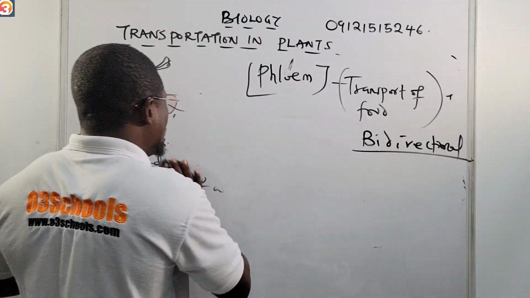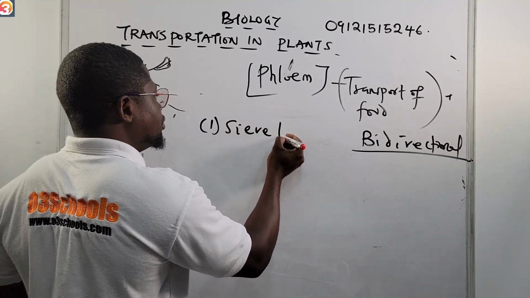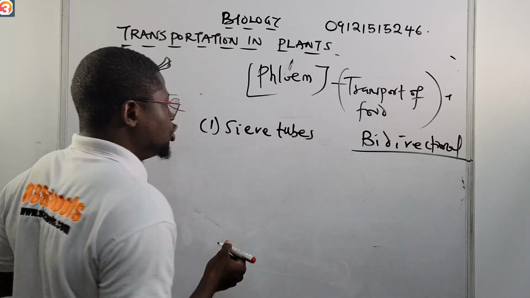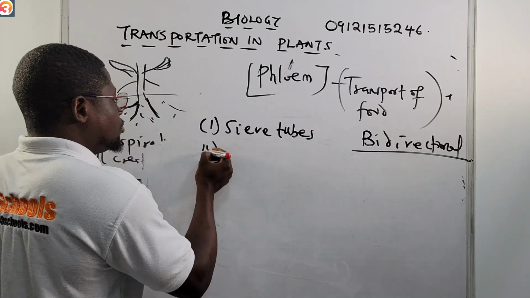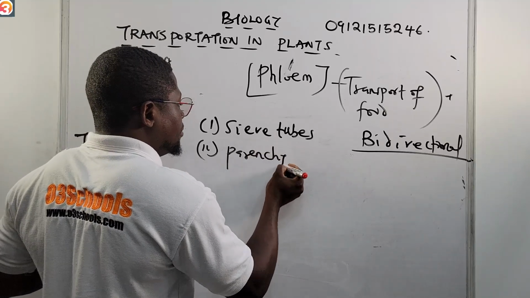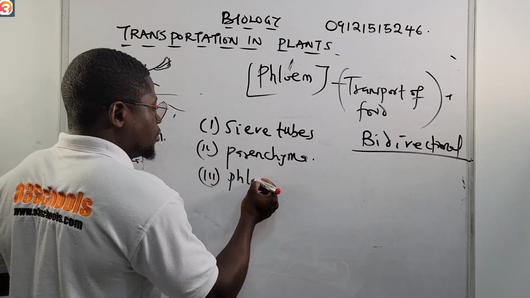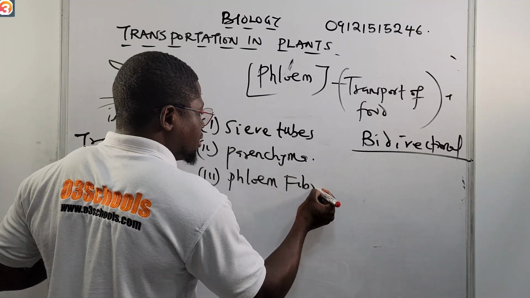And the phloem vascular bundle is made up of four types of cells. Number one is the sieve tubes. Take note of that. Then number two, we have the phloem parenchyma. We also have the phloem fibers.